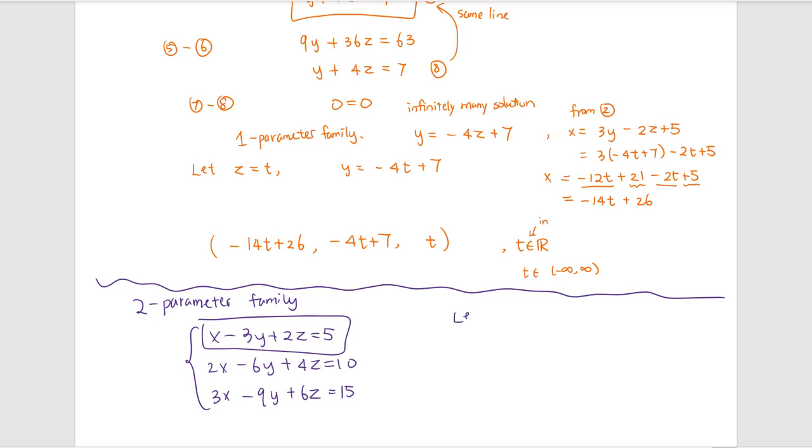So we can let y be s, let z be t, and then x is 3y minus 2z plus 5, where y is s, z is t. Now we get x is 3s minus 2t plus 5, y is s, z is t. So this is a two-parameter family. So s and t, they are real numbers. Okay?